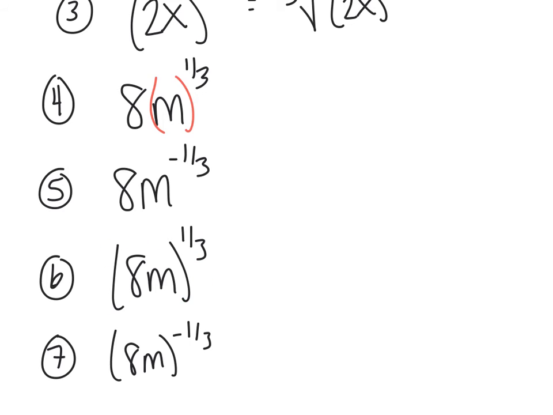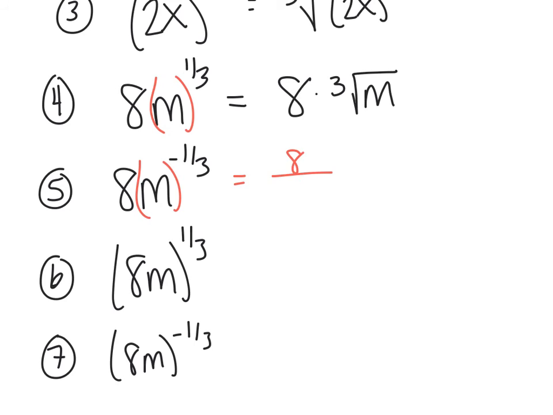So when I go to rewrite this, this is really just 8 times the cubed root of m. Okay, example 5. Again, this negative 1/3 is only on the m. So when I go to rewrite this, I'm really saying it's 8 over m to the 1/3, because the negative exponent moves downstairs.